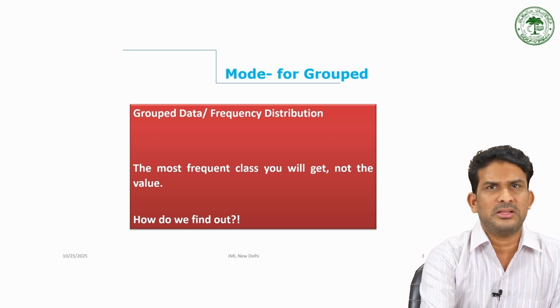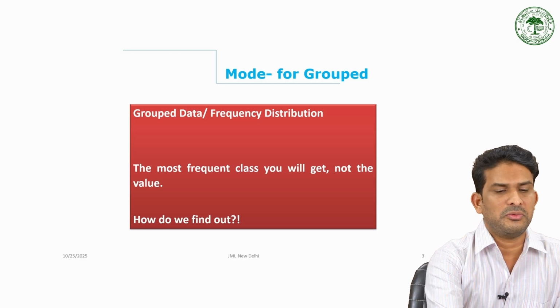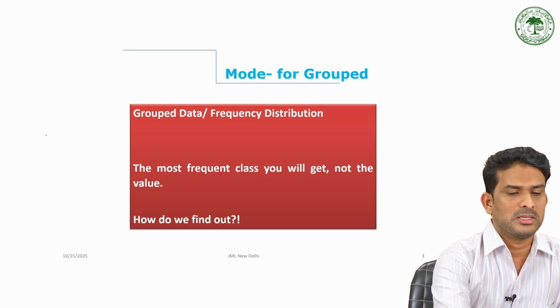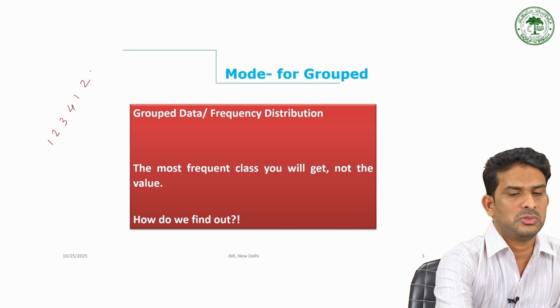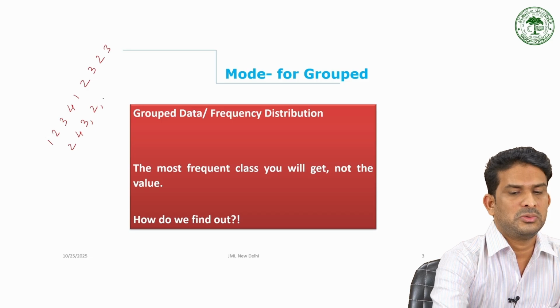Let me write here in the corner. For raw data, what do we do? Suppose I have 1, 2, 3, 4, 1, 2, 3, 2, 3, 2, 4, 3, 2, 1, 3, 2.